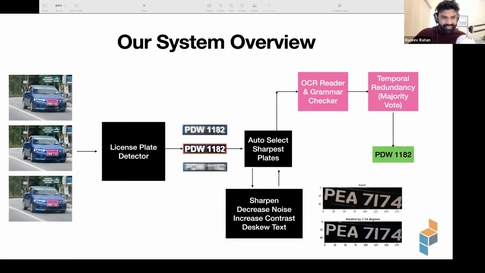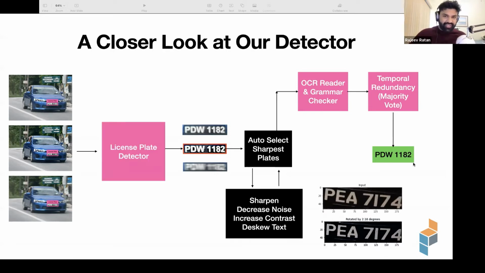Sometimes little pieces can be missing, and that's going to affect the OCR reader. So hopefully, if we get at least 10 good images and 9 of those images give us the same answer, we obviously know it is most likely PDW1182. So that's basically an overview of how our system works.